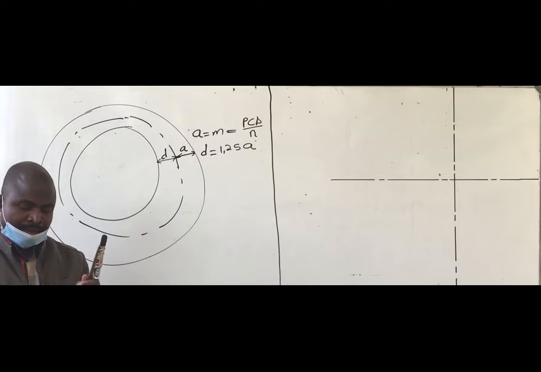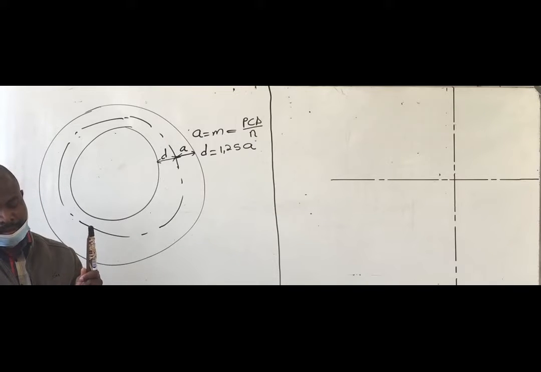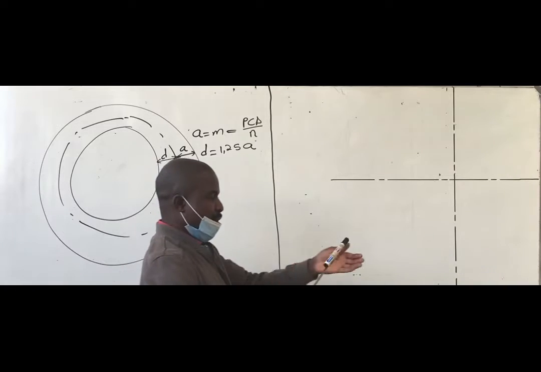You take your compass and measure the radius, which is 50 millimeters, because your PCD is 100. So that is my 50.